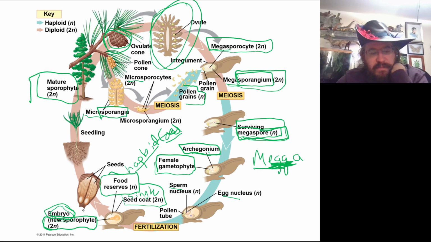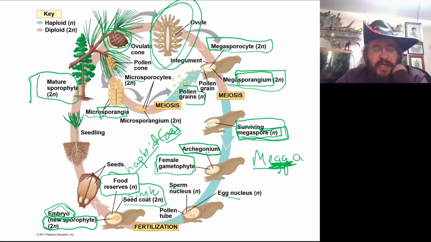And as it becomes an embryo, that integument fuses up, and we have a genuine seed. So, there we go. The seed having its gametophyte-derived food reserves that are haploid and a single seed coat.